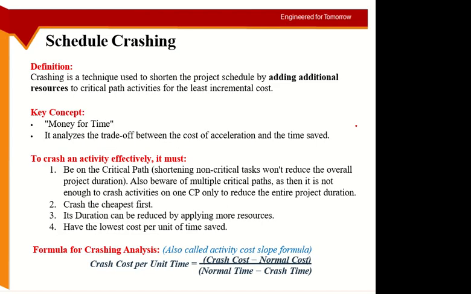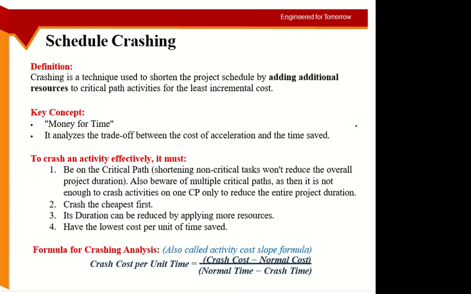So now we are going to the other technique of schedule compression. The first one was fast tracking, the second one is schedule crashing. Schedule crashing means you try to reduce the duration of the project by reducing the duration of activities, by adding more resources.